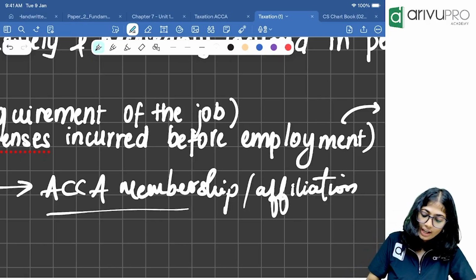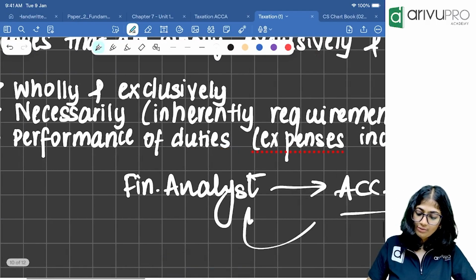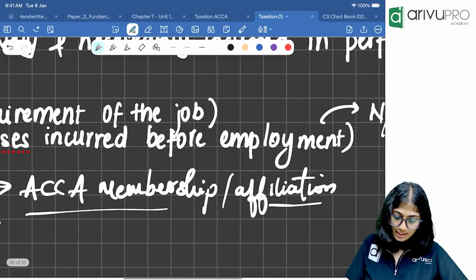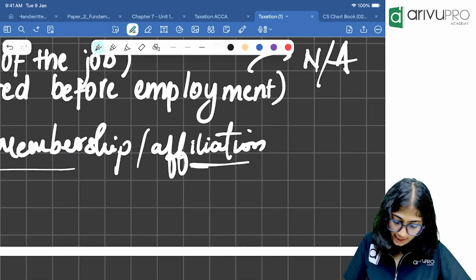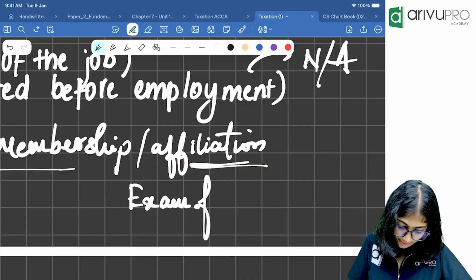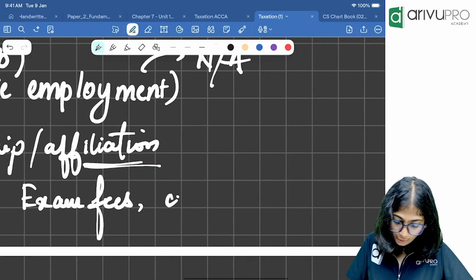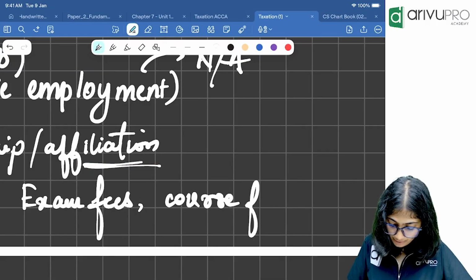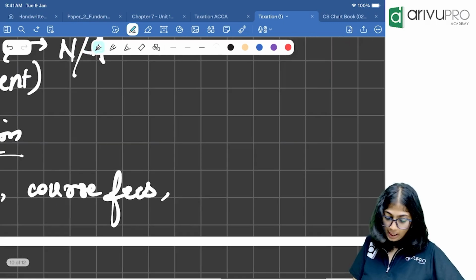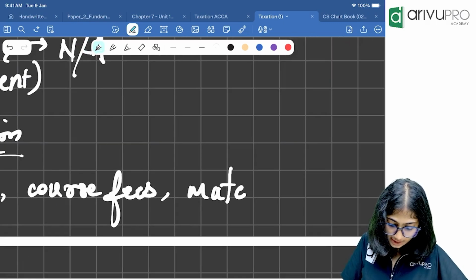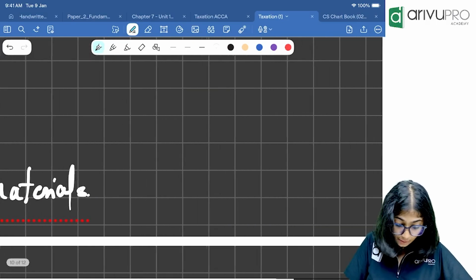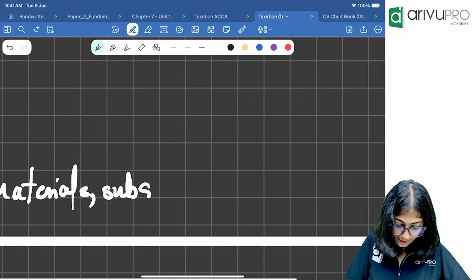Let's say you got hired because of your affiliation as a financial analyst. But can you tell me this affiliation expenses, that is your exam fees or your course fees from ArivuPro, materials, all of these expenses you incur when you are writing for exams, let's say subscription fees, we just looked at that, right?